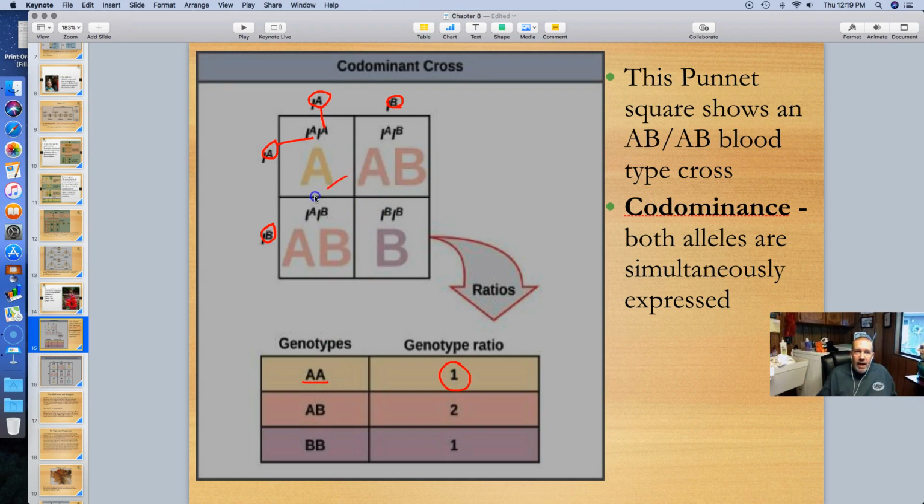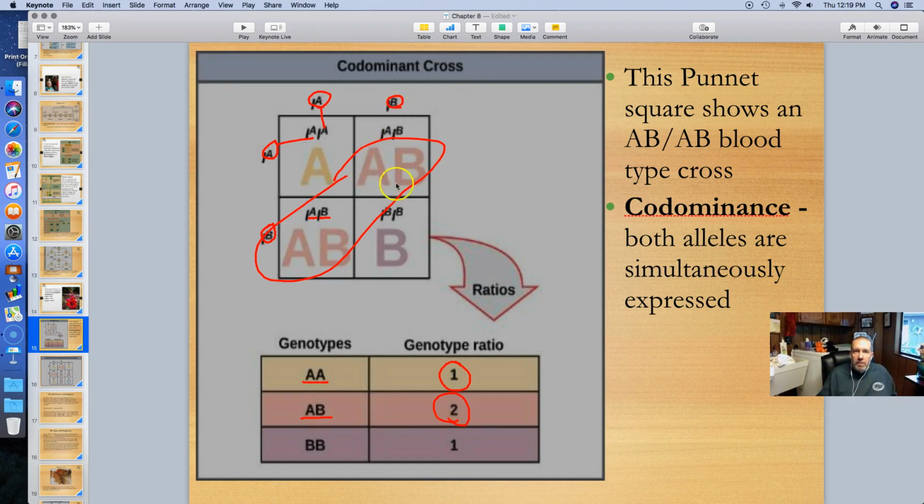On average, you're going to have about 2 offspring that have an A and a B allele, and we call that type AB. So about 2 out of 4 offspring are going to have type AB.